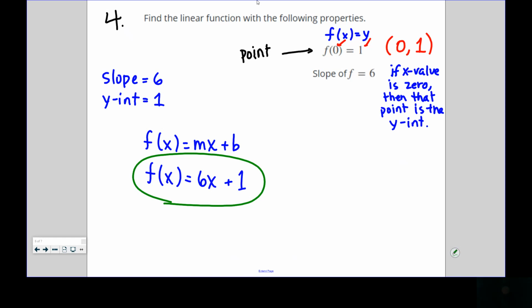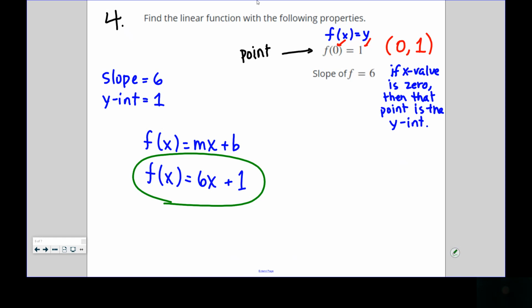Now again, you could make this more difficult, and the homework when you go to the tutor part, they may show you the harder way to do this, which is to use point-slope form. So if you didn't automatically notice that this was the y-intercept, you could use point-slope form. So you would come over here, you would label your point x1, y1.